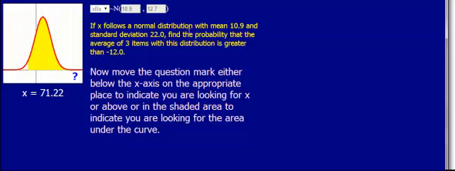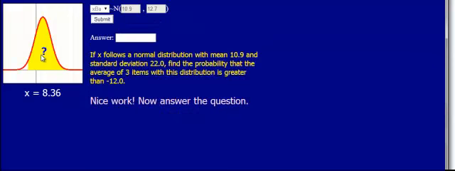Had it said that we wanted to find a value of x such that the probability is, say, less than some number, then we would say that we want to find the x value, which is down there somewhere. But we want a probability, so I'm going to take the question mark, drag it into the shaded region, and release. And it says, nice work.